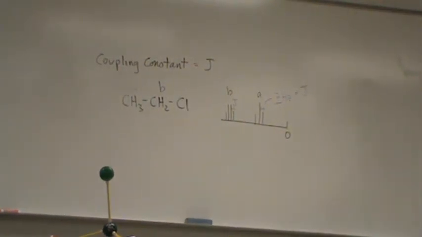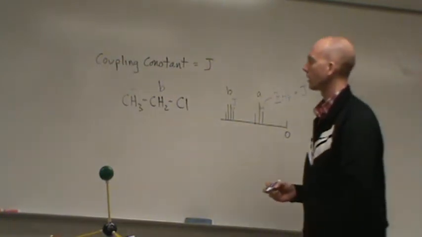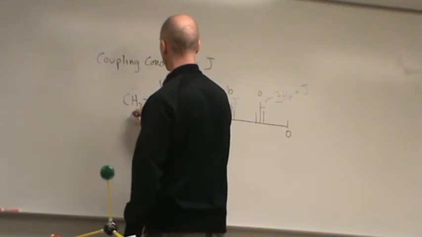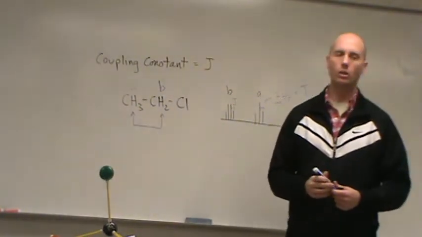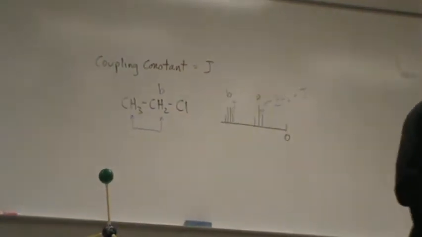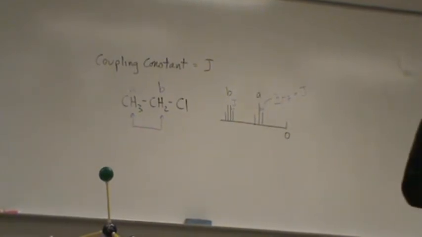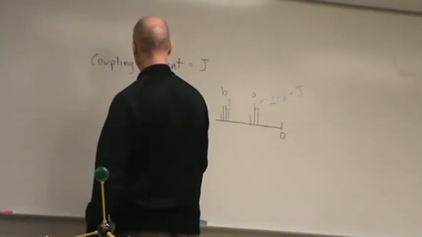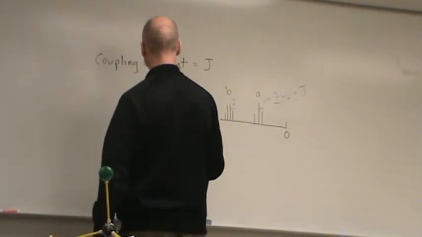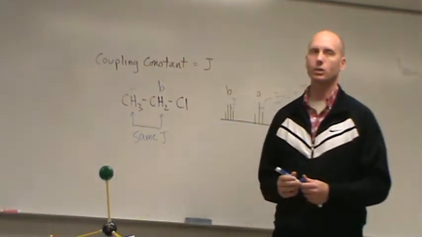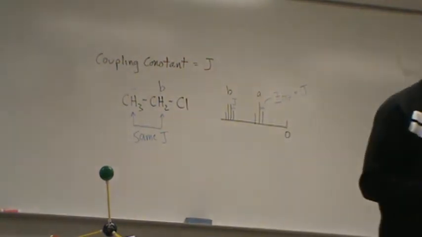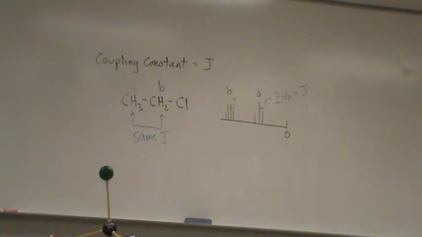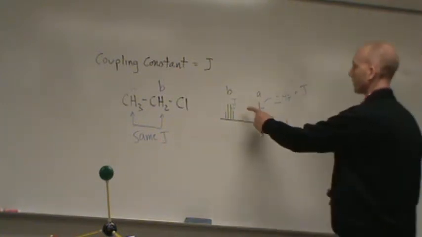And here's the benefit: if we have two sets of hydrogens that are splitting each other, they will have the same coupling constant. They will have the same J value. So what do you think the J value of this one here would be?